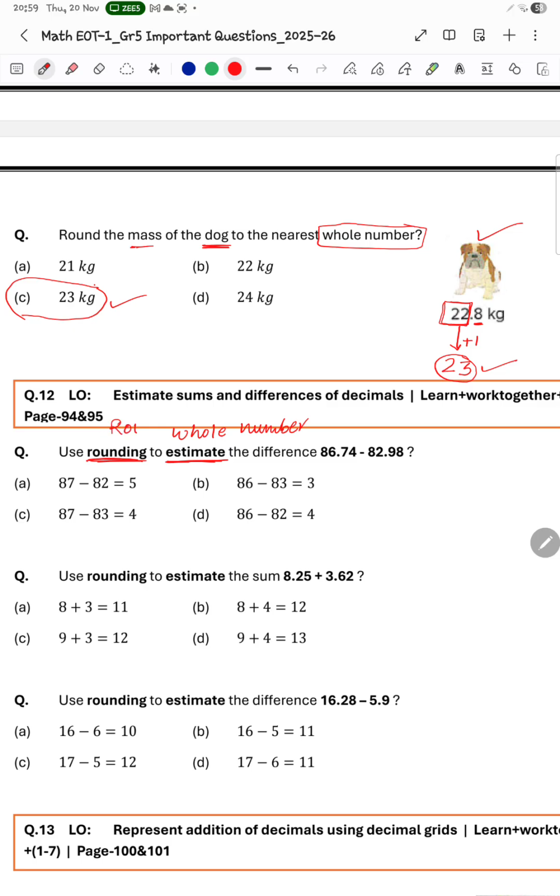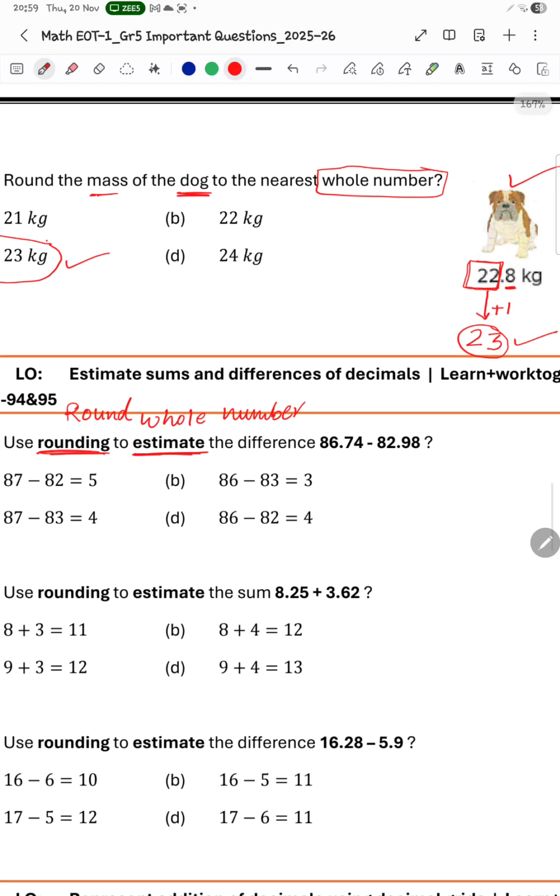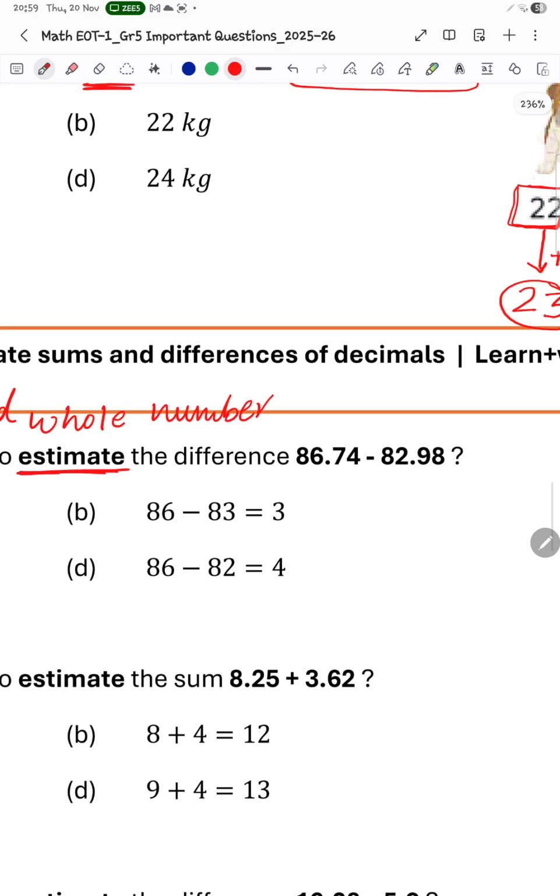This means round to the whole number. So very easy. If you want to round to the whole number, put this number in the box, that is, the whole number in the box, and look at the next digit. 7 is good. So it will give plus 1 to the box. So it will become 87.